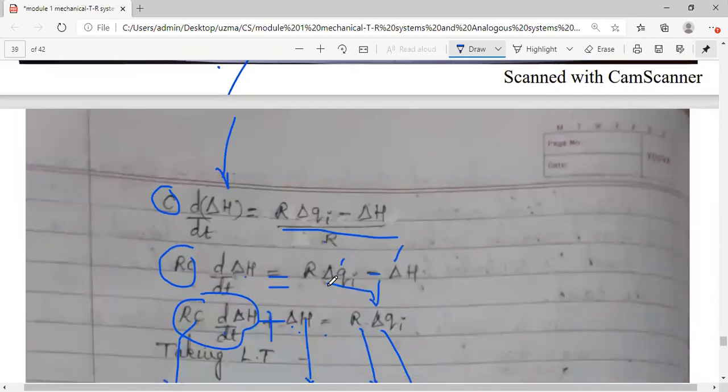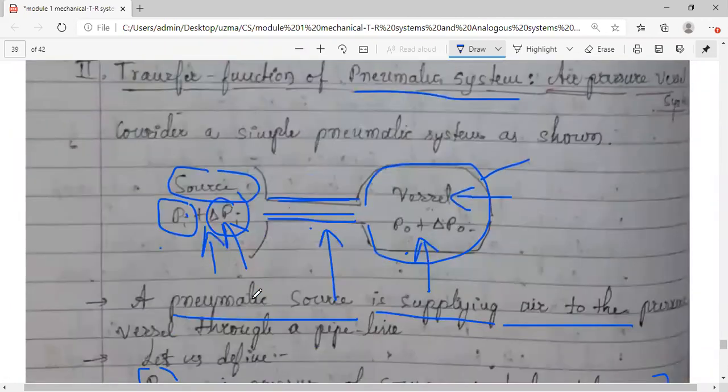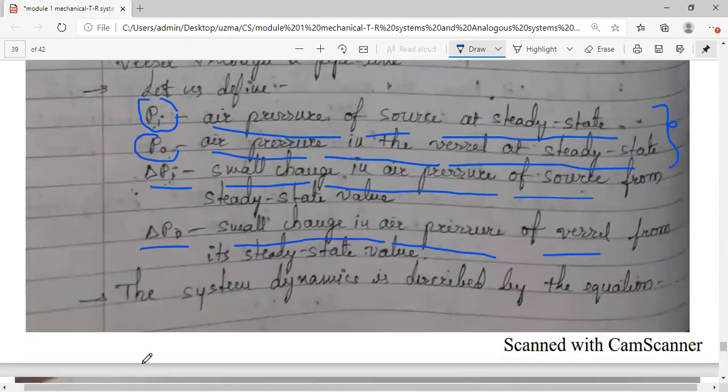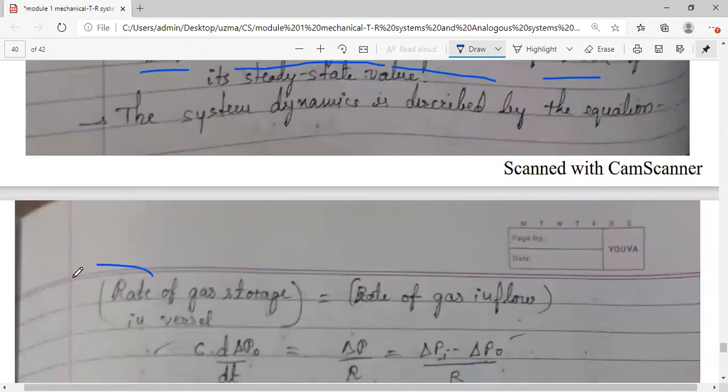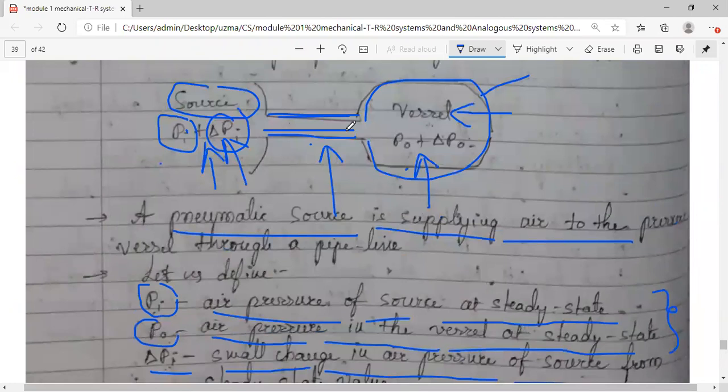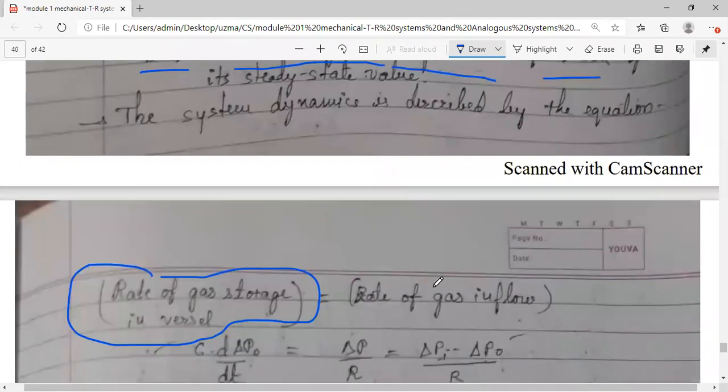Likewise, if I want to describe the system dynamics in terms of an equation, how can I define the rate of gas storage in the vessel? That is, how much air or gas is being stored inside this vessel. This is equal to the rate of gas inflow. Whatever the source provides will be stored.